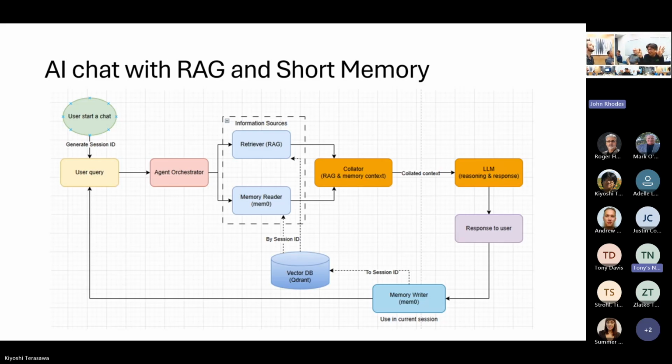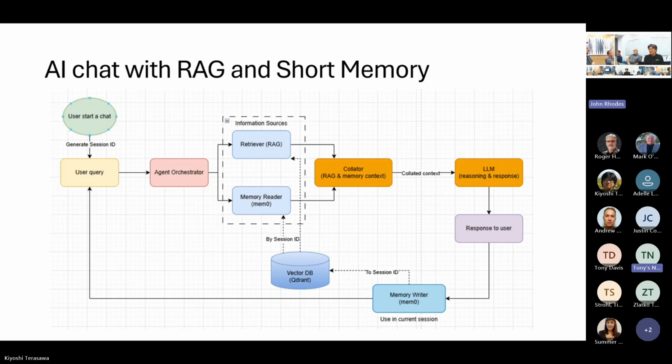But when you ask something, it tries to retrieve data from RAG and get the data from memory, then combines that information and sends it to the LLM, and you get the answer. Then based on the answer, you feed it to the memory, and then repeat that cycle. That's kind of a combination of RAG and short memory. How to do it is a different topic, but conceptually that's how it goes.